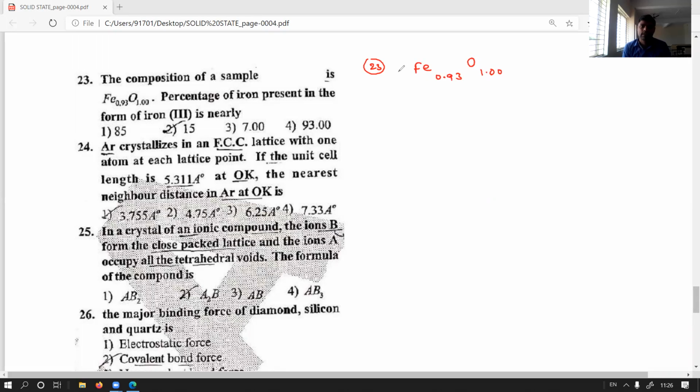In this, the iron is a mixture of iron plus 2 and iron plus 3. Both are present, and we need to find out the percentage of iron plus 3. This compound is neutral, so the sum of the oxidation states of all atoms is equal to 0. So 0.93 iron atoms are present, and one oxygen atom is present.